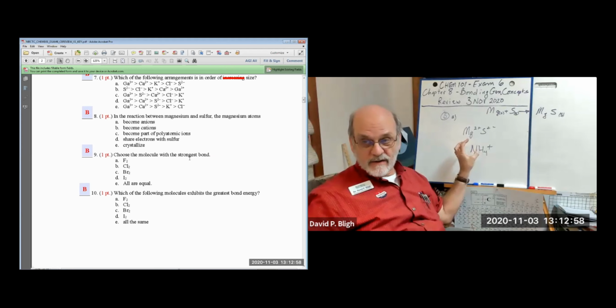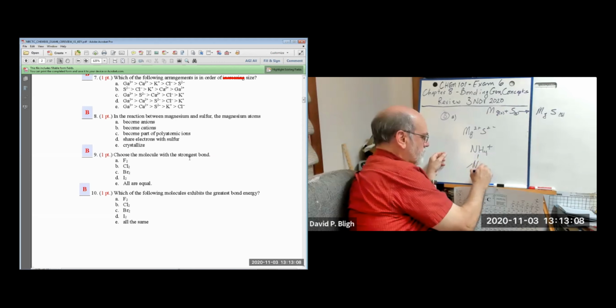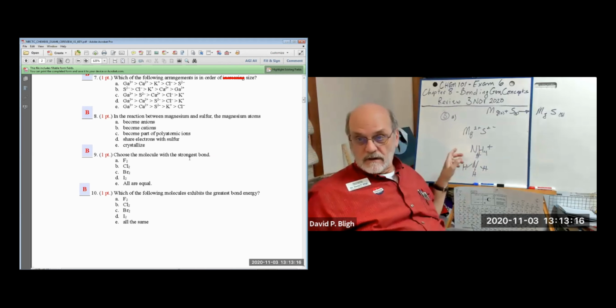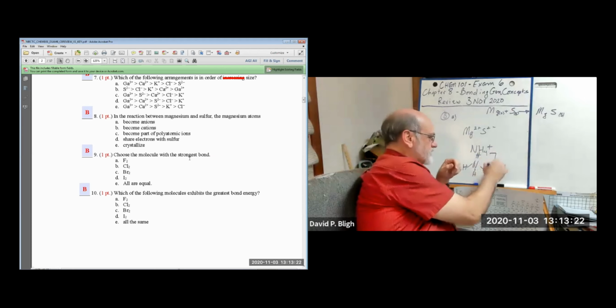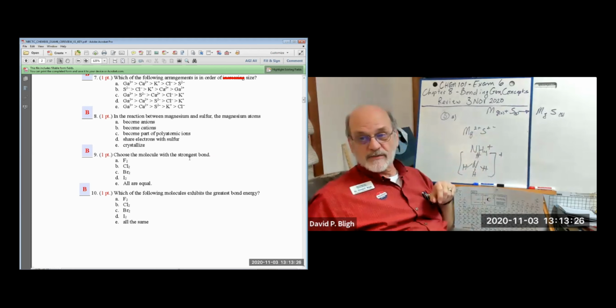It's a group of atoms that behaves like a single unit, a cation. Each of these hydrogens surrounds the nitrogen in a tetrahedral form. And the entire group has a positive charge.